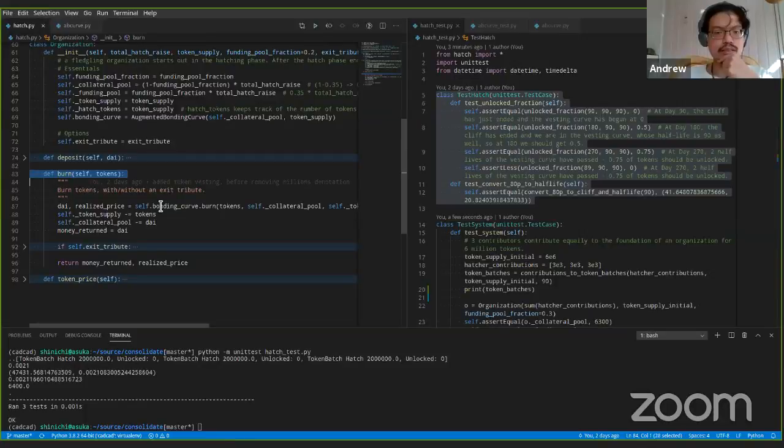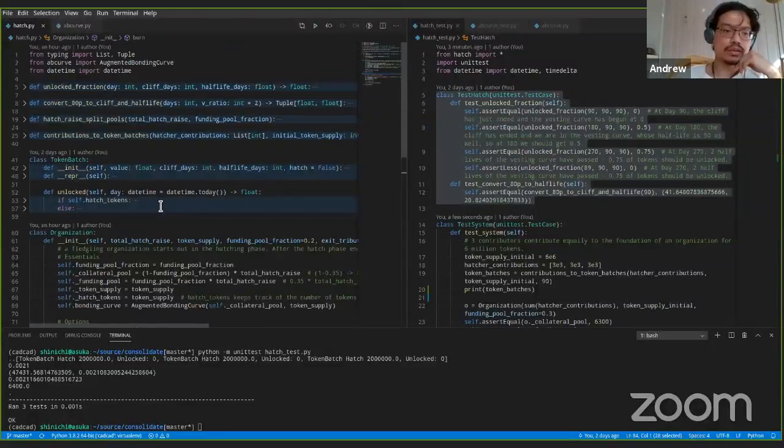Yeah, the idea is that each agent will have one token batch in the beginning, the vested token batch, and then after the hatching phase, they will have another token batch, the non-vested one, and then the code needs to deal with the funds from that.